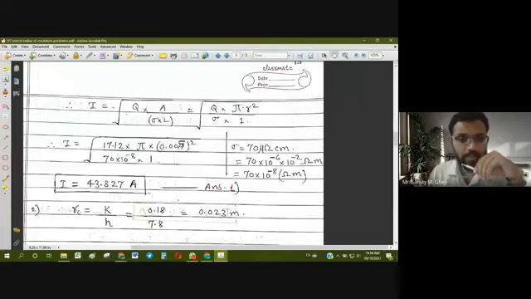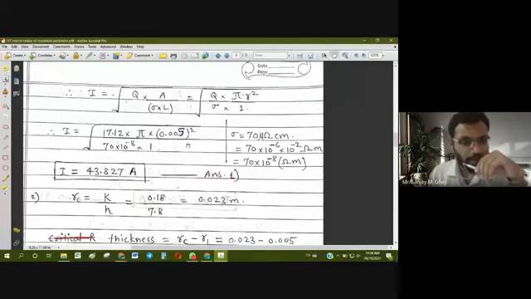So that should be 0.005, divided by sigma. Sigma is given in the usual electrical units, 70 micro ohm centimeter.